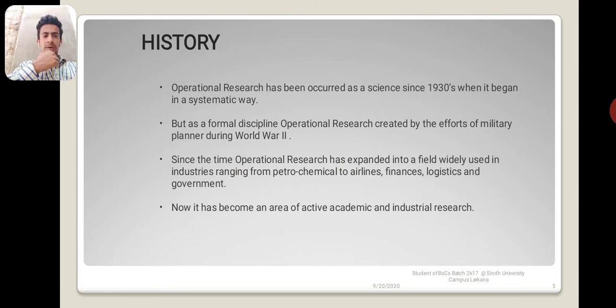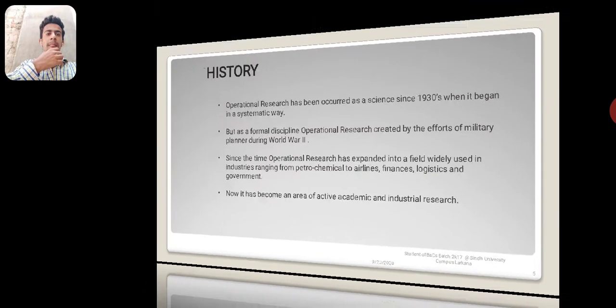Since then, operational research has expanded into a field widely used in industries ranging from petrochemical to airlines, finance, logistics, and government. Now it has become an area of active academic and industrial research.